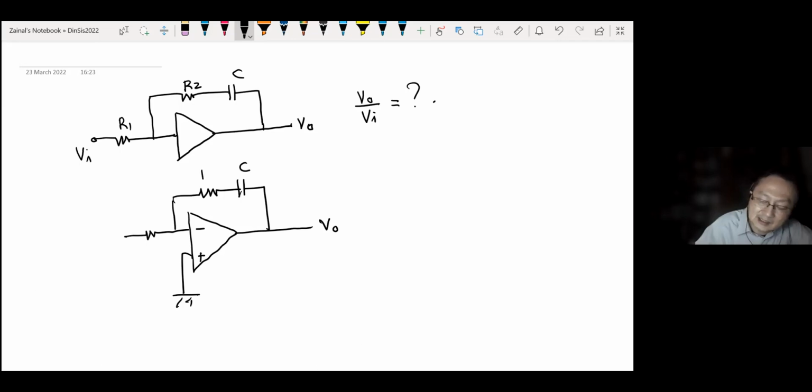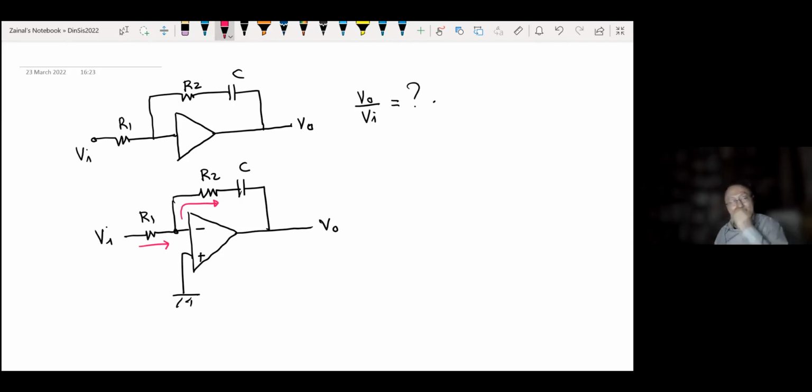This one C, R2, R1, V. So can you derive this one? Ada yang bisa menurunkan ini kira-kira? Ada yang bisa menurunkan ini? It's complicated, right?